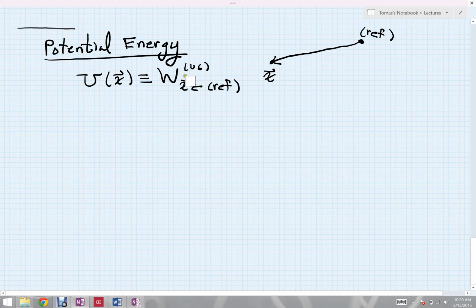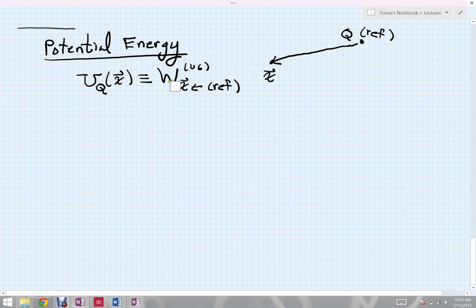Now, that potential energy is a general result from mechanics. We specialized our considerations to electrical systems by thinking about what happens if the object we're moving actually happens to be a charge, which we typically were calling Q. So the potential energy of a charge Q is equal to this amount of work. But what we've been doing so far involves voltages, and voltages are directly related to work.